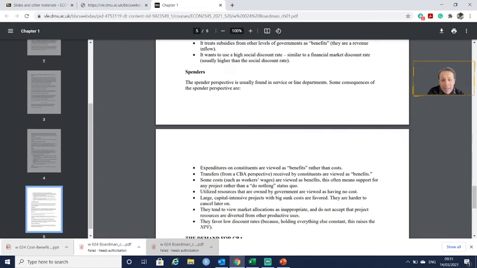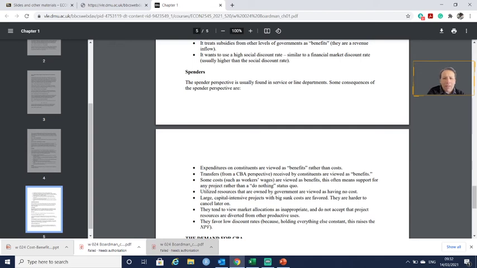So if you are in a local council and you pay someone to do something, that is a benefit rather than a cost. Yes, as you are helping society. And some costs, such as worker wages, are viewed as benefits.